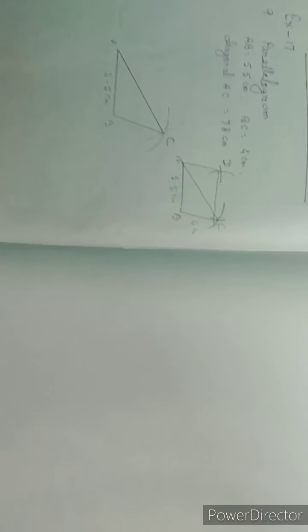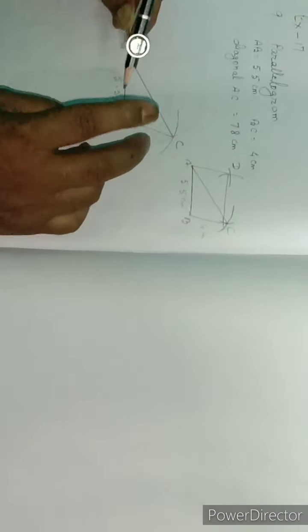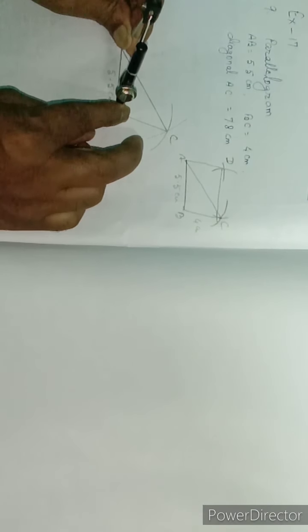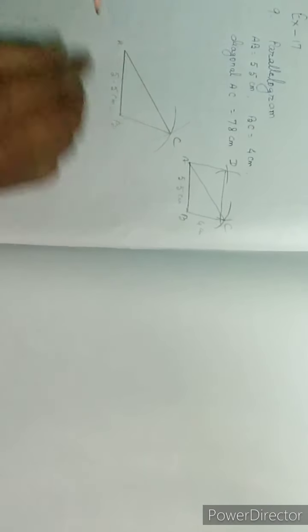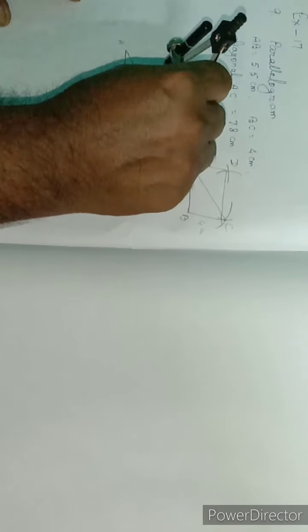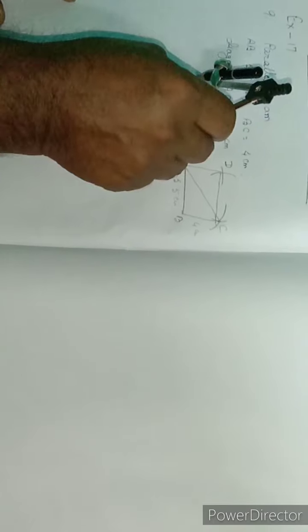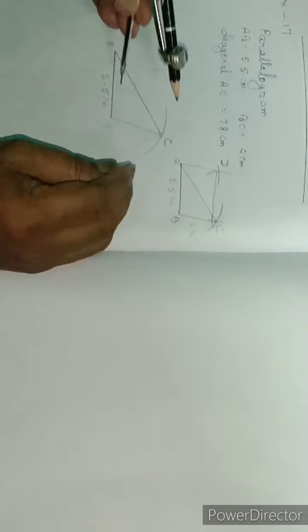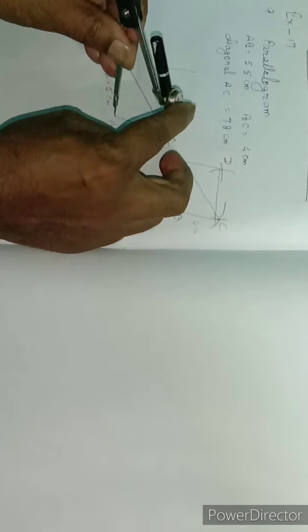Then we measure 5.5 centimeter, that is the length of AB, and we use C as the center and draw an arc of 5.5 centimeter. And BC, that is 4 centimeter, we measure the length of BC from here.